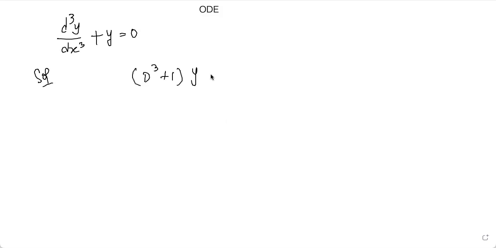So let us solve d cube y by dx cube plus y is equal to 0. Now this is (D cube plus 1) y is equal to 0. Now the auxiliary equation is m cube plus 1 is equal to 0.